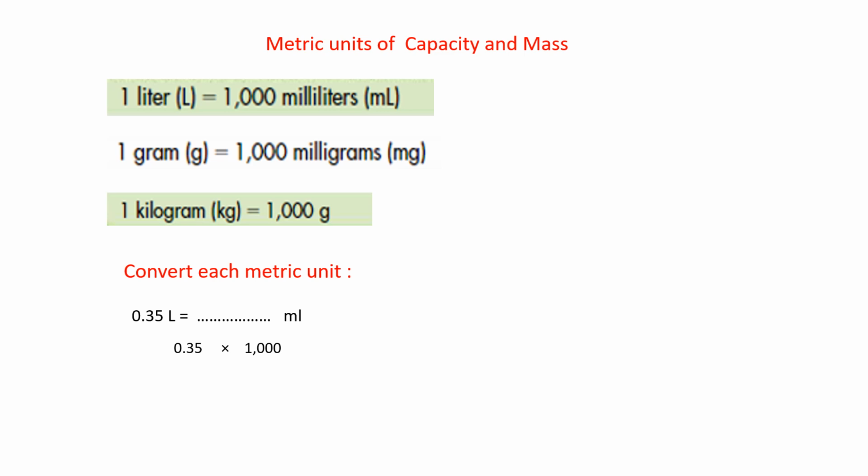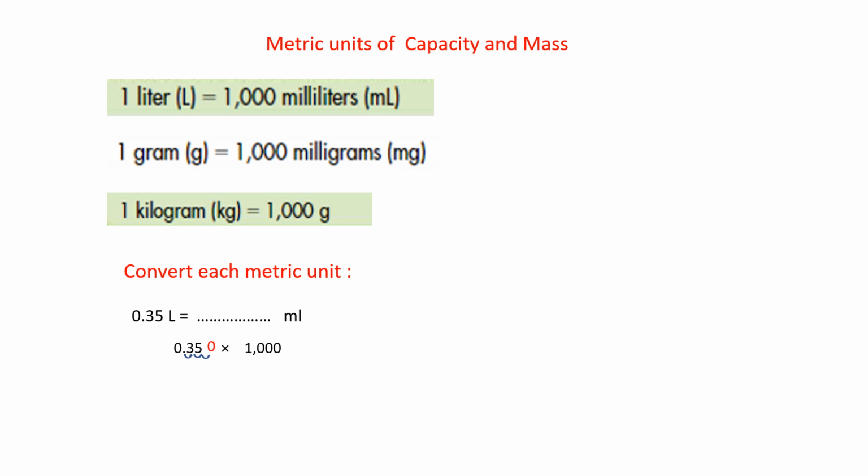So I'll move the decimal point here. How many movements? Only 3 movements, because there are 3 zeros with 1000. So the first movement, the second movement, the third movement. But with the third movement, I have to put 0 because there is no more digit here. So it will be 0350 with the decimal point.